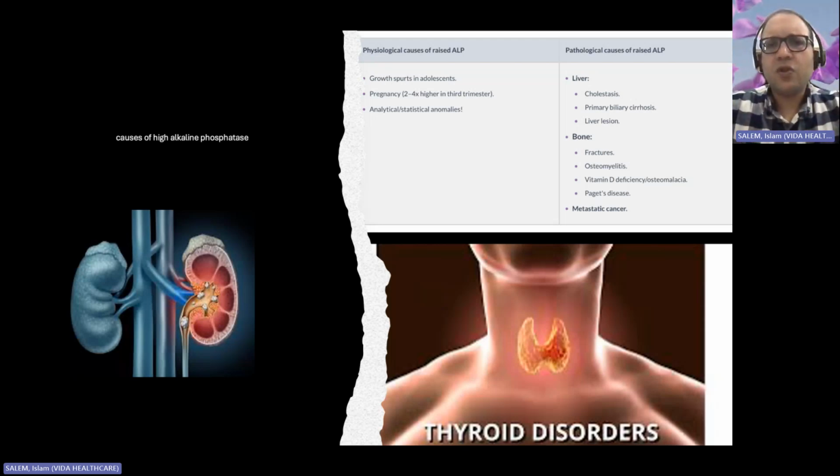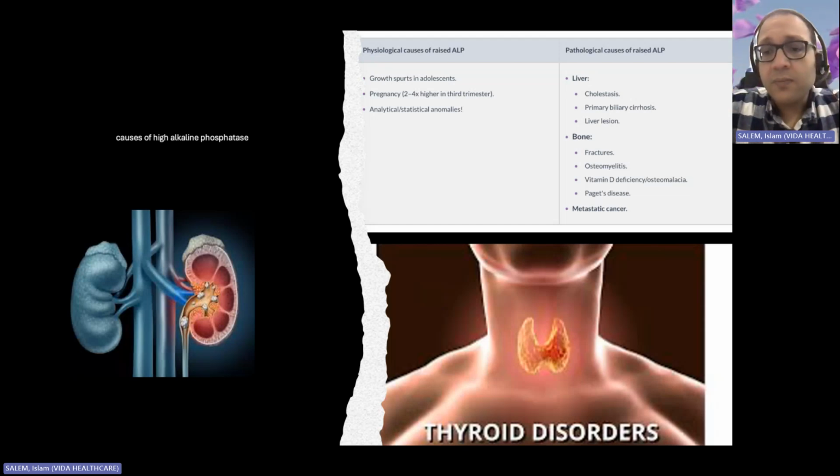Is it a physiological rise of alkaline phosphatase, or is it a pathological rise of alkaline phosphatase? So physiological rise, that usually you will find in pregnancy, because one of the placental hormones is alkaline phosphatase, especially in the third trimester, you will find that the alkaline phosphatase is high up in the sky.